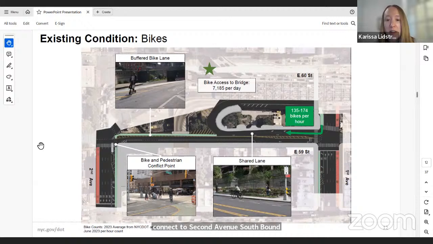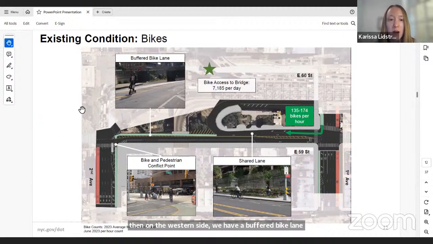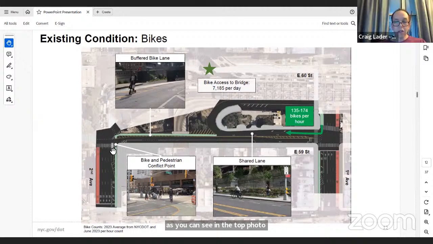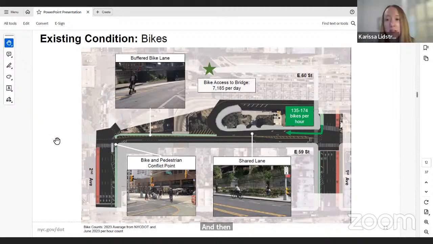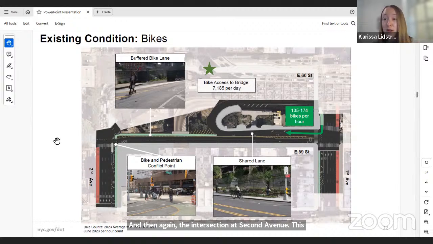As bikes are making this movement, in the first section of 59th Street you have a shared lane between bikes and vehicles. And then on the western side, we have a buffered bike lane, as you can see in the top photo. Again, the intersection at Second Avenue is a busy intersection for everyone because we have that high volume of bikes that are turning there as well.